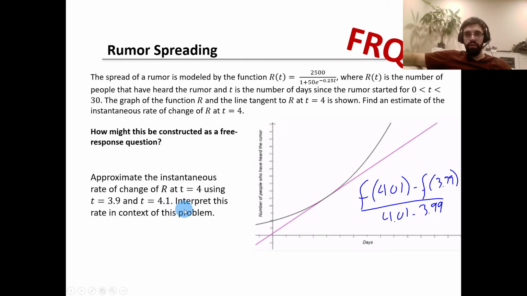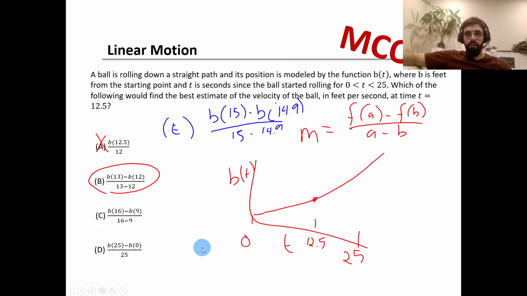So we would look at f of 4.1 minus f of 3.9 divided by 4.1 minus 3.9. That setup would be a reasonable estimate using the right notation. You wouldn't have to calculate that at all, but that's what it would look like.